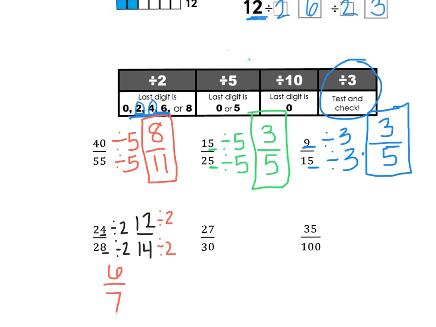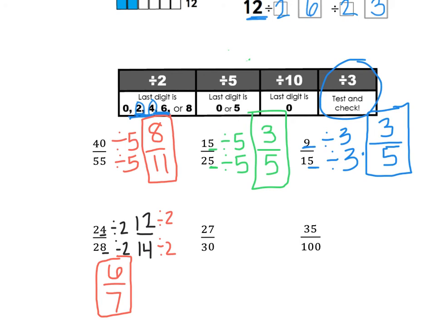Okay, let's see. Can I simplify any more? 6/7? Nope, because 6 is even, 7 is odd. It doesn't fit any of the rules. 7 is prime. There's lots of different reasons. So 6/7 is my final answer for this one.